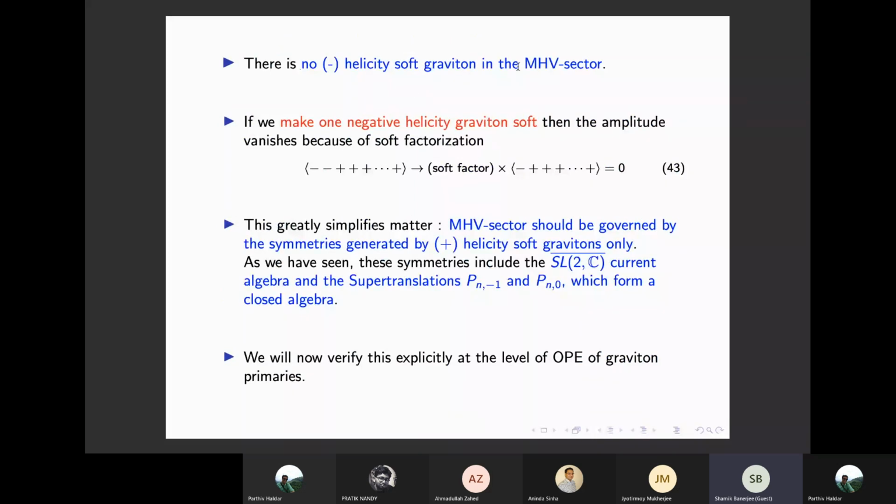That gives rise to the fact that you don't have any negative helicity soft graviton in this MHV sector, and that essentially gives me that this MHV sector is completely fixed in terms of this SL2C bar and the super translations of this form.